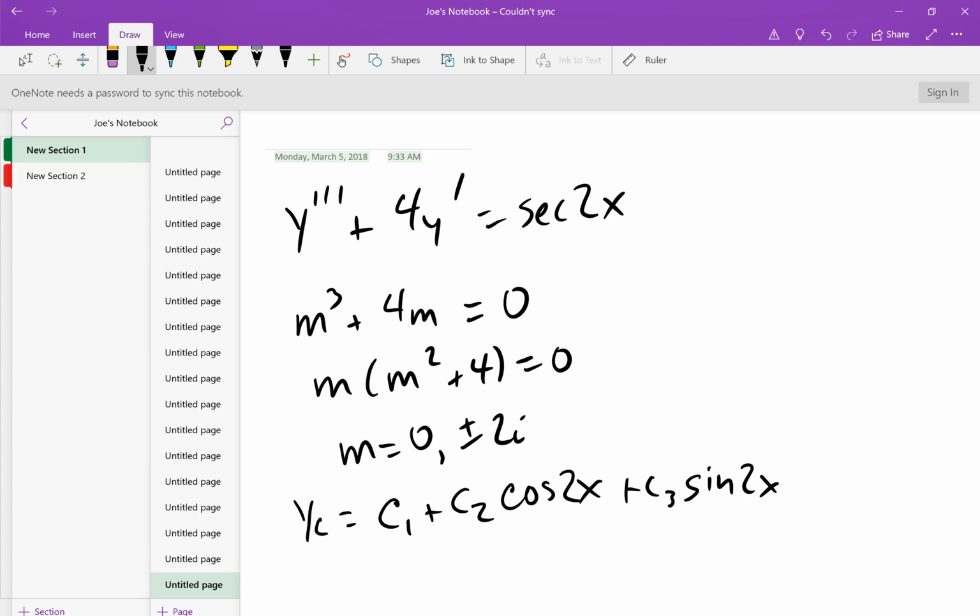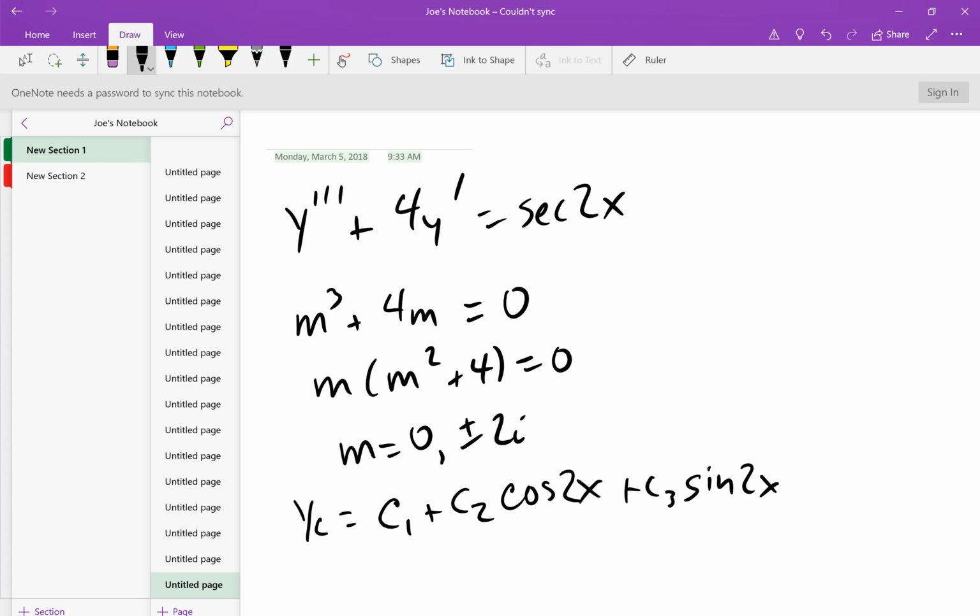So we've got our fundamental set. The functions that make up our fundamental set are 1, because that's c1 times 1, cosine of 2x, and sine of 2x. The function on the right-hand side of our non-homogeneous equation is secant of 2x.